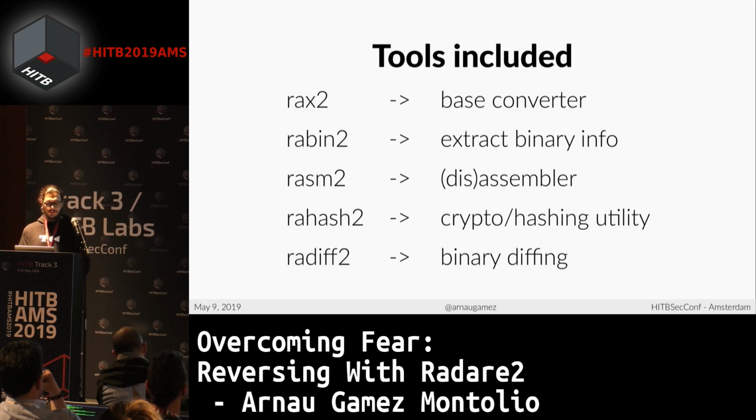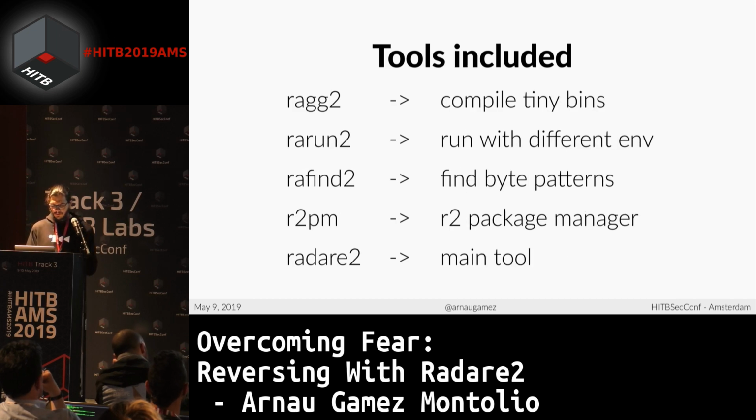Also radiff2, which is the included binary diffing tool. Then ragg2, which it says is to compile tiny binaries, which is true, it's the official description, but I would say it's more like an exploit helper, in my opinion, because you can basically craft your own C code that you want to inject as shellcode, and it will create the shellcode for it to execute.